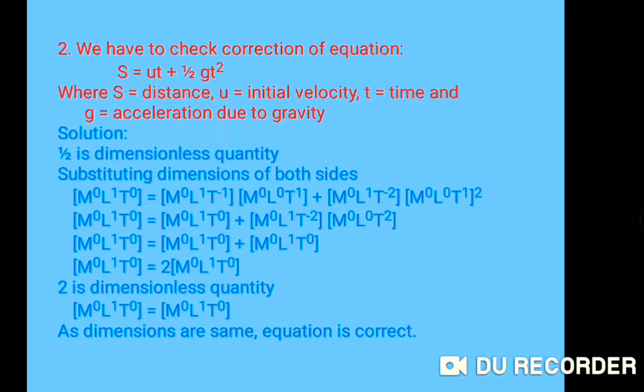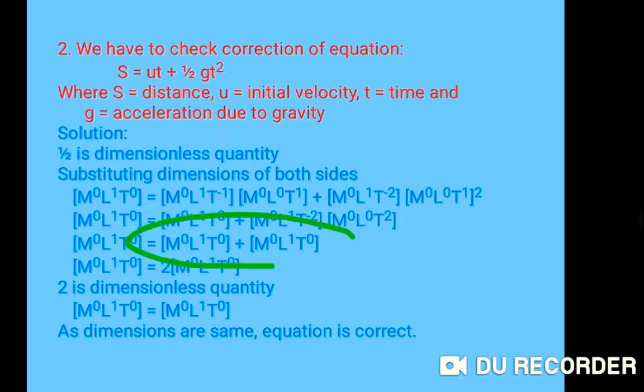Now see these two, again we use the same rule: when bases are same, powers are added. M raised to power 0 plus 0, 0. L raised to power 1 plus 0, 1. T raised to power minus 2 plus 2, 0.